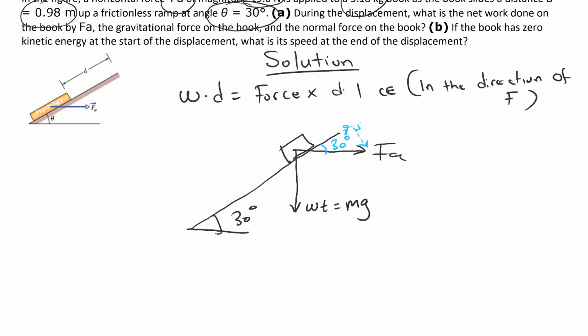Sorry, my video is a little bit off. So it's clearer now. So now Fa has two components, one that is perpendicular to the plane and the other that is parallel to the plane.